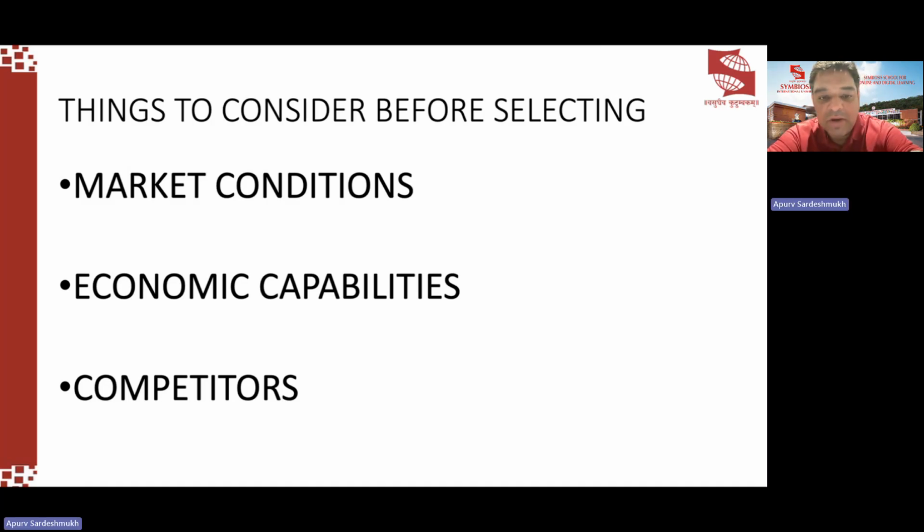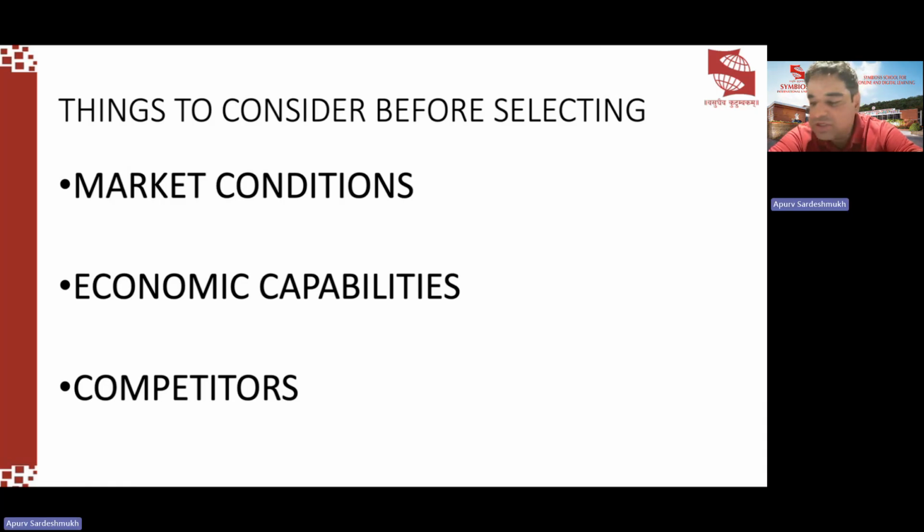The economic capabilities. Now, for any sort of acquisition, the primary purpose behind that acquisition is to ensure that the value of the company increases, the revenues of the company increase, the profitability of the company increases, the value for the stakeholders increases. Now, what needs to be considered before acquiring is, does the company which is going to be acquired have the capabilities of doing that?